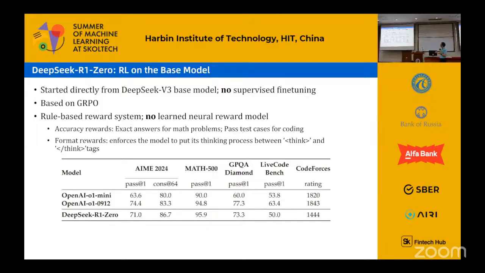It's comparable with the OpenAI O1 models. But of course, for some tasks, it's still a bit worse. This is just without any supervised fine tuning, without this kind of human labeled data. Later in DeepSeek R1, we'll use some human labeled data.